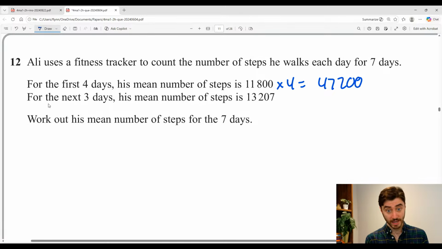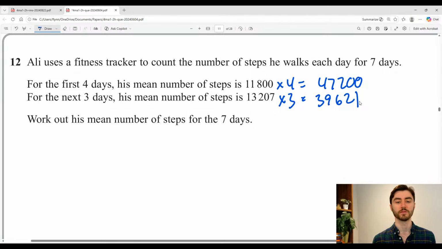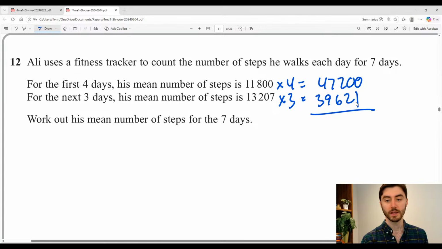For the next 3 days, we have a new mean of 13,207. So that times 3, 13,207 times 3 is 39,621 as the total steps for those 3 days. So the total number of steps overall 7 days is what I get when I add these together.